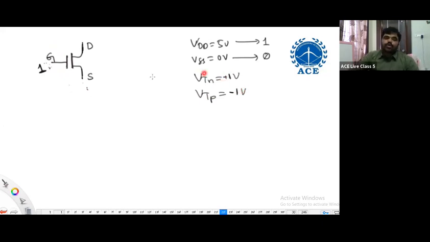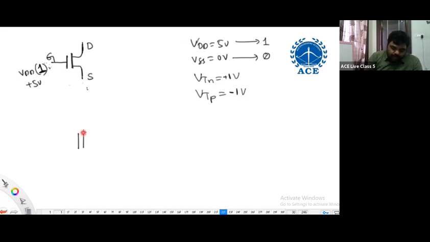That means gate to source potential must be more than plus 1 volt, then it can switch on. For that, you need to apply logic 1, which is VDD, plus 5 volts in my discussion.